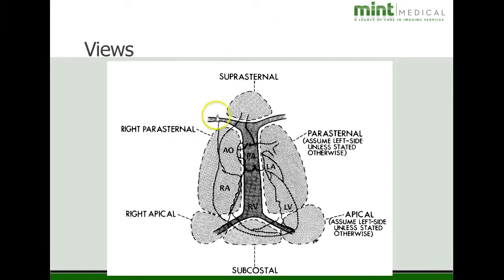The last view that we use is called a suprasternal notch view. And once again, this view is going to be placed in the suprasternal notch region, which is basically above the sternum in between the clavicles, right in this area right here. And the important thing to do here when you place the transducer is the focus is to angle down into the body and visualize the heart.